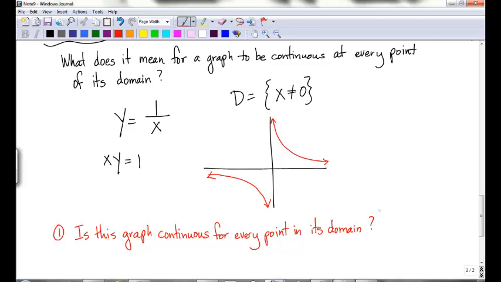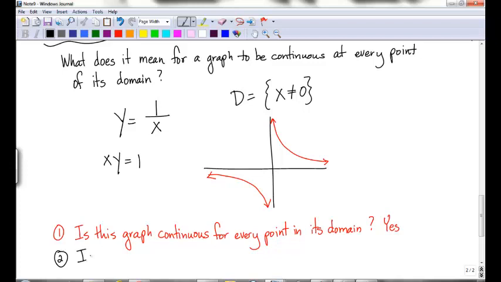What x value is not in there, or where do you have to lift your pencil? At 0. Is this graph continuous for every point in its domain? 0 is not in the domain. Is it continuous everywhere else? Yes. So the way they ask that question, the answer would be yes, because 0 is not in the domain, and that's the only place where it's not continuous.